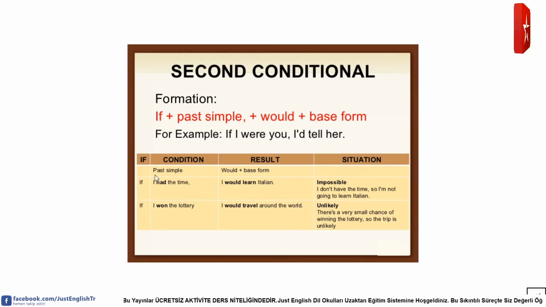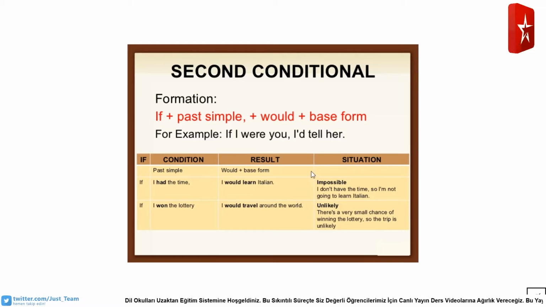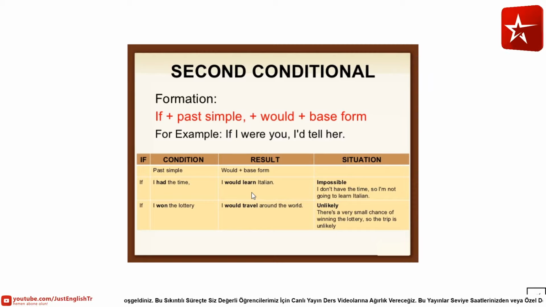So in the if condition, as I told you, we use past simple. If I had the time, I would learn Italian. This one is impossible because I don't have the time, so I'm not going to learn Italian. If I had the time, I would learn the German language.